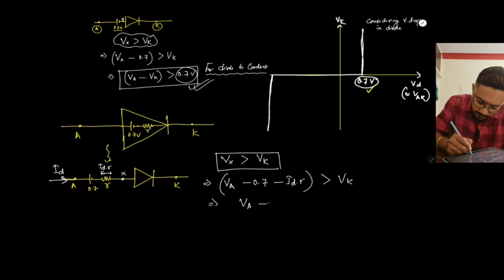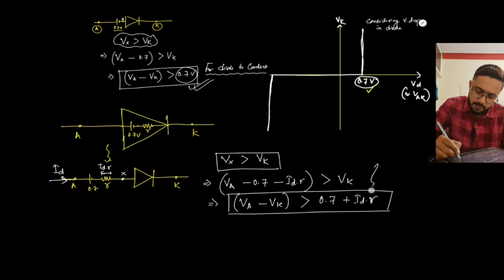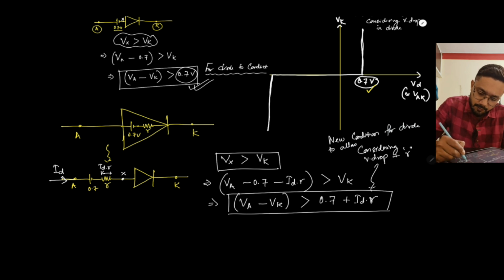Now if I rearrange, it will look like this. So this is the new condition for the diode to allow current, considering the voltage drop plus the resistance across the diode.